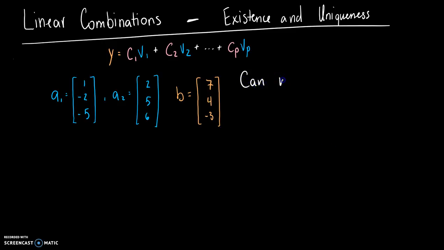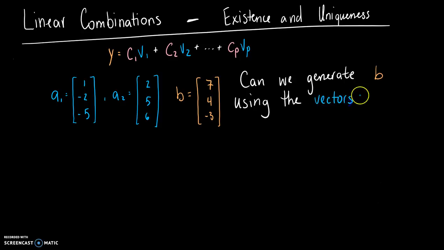Can we generate B using the vectors A1 and A2 in a linear combination?